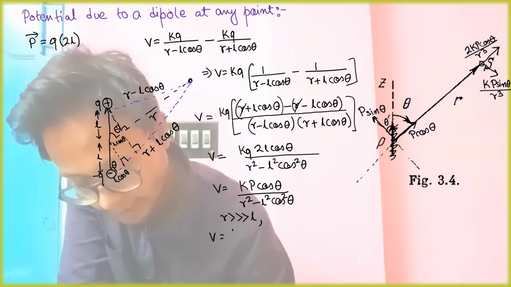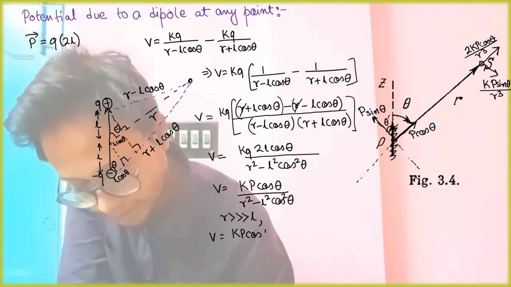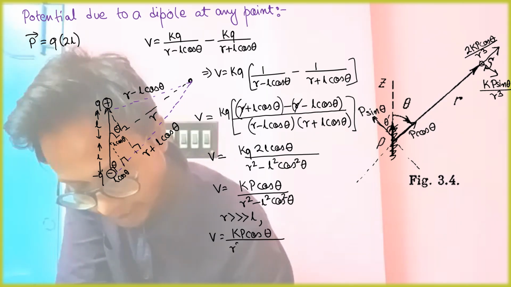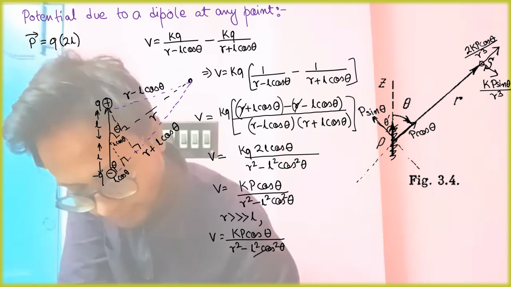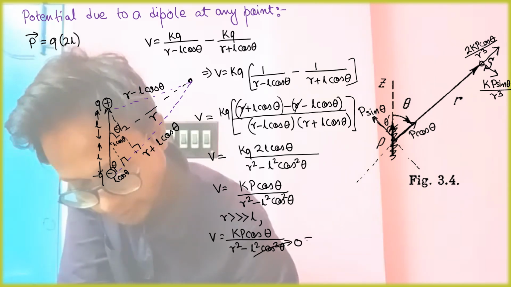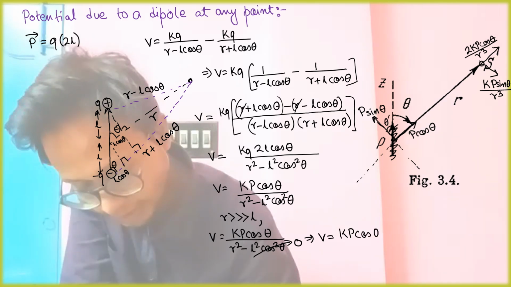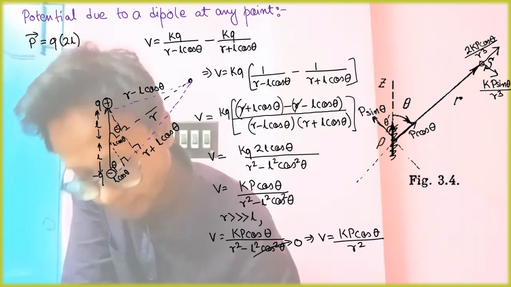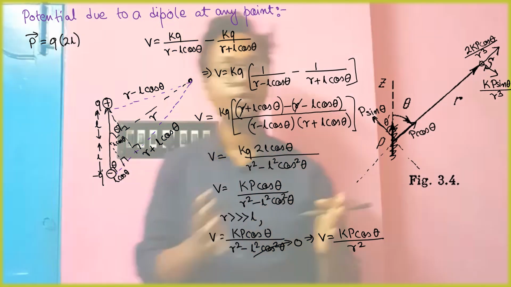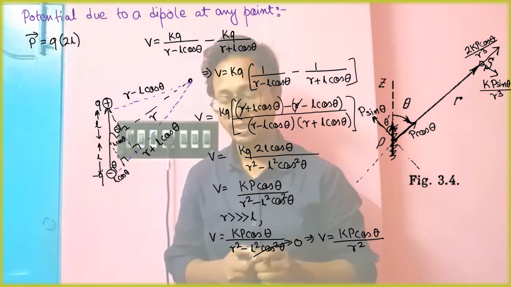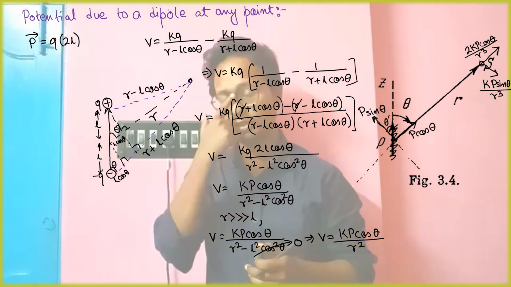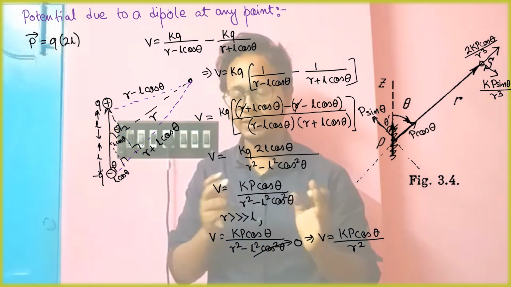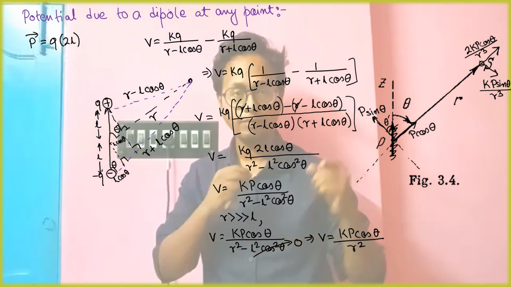So V is equal to Kp cos theta divided by R square. This is the same formula of potential that we have obtained before. This is one of the methods, and the previous one was also one of the methods. So whichever you like, but this method will come in handy in the upcoming problems.